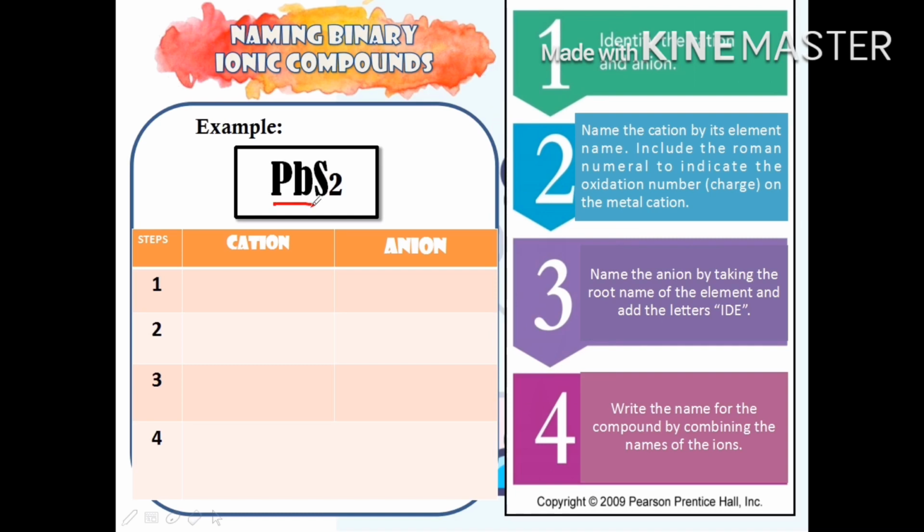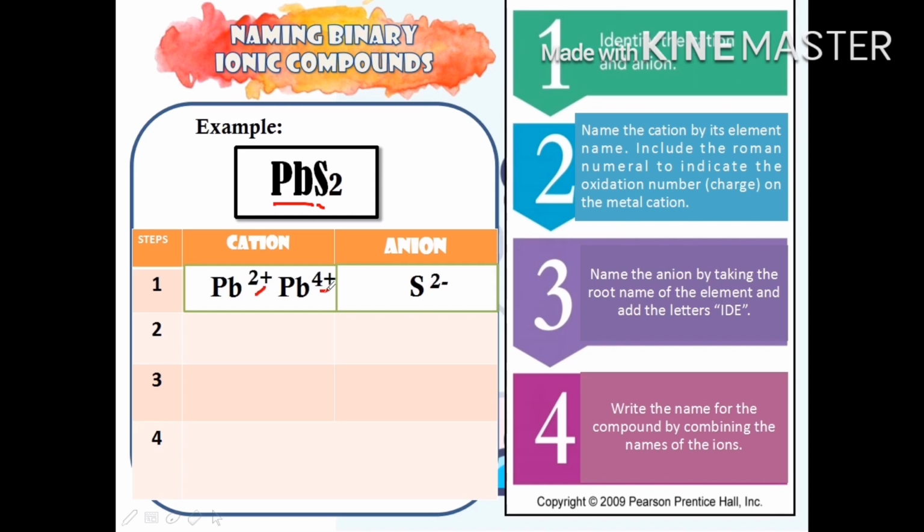So Pb is our cation and S is our anion. And Pb forms two different ions: Pb with a 2 plus charge and Pb with a 4 plus charge. And our anion is S, and S has a 2 minus charge. We're done with step 1.